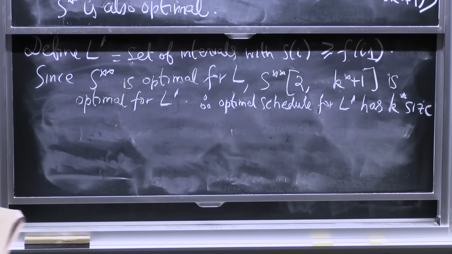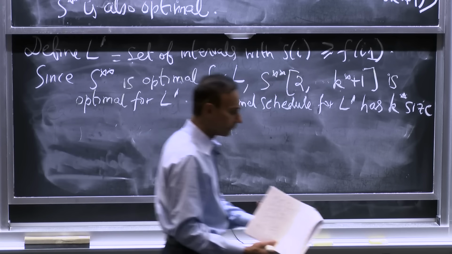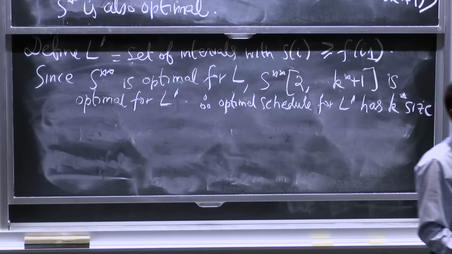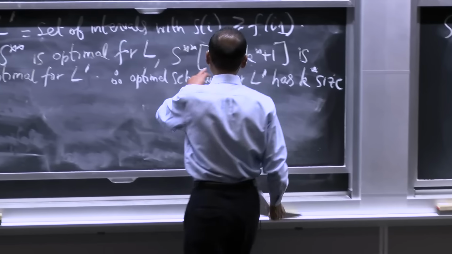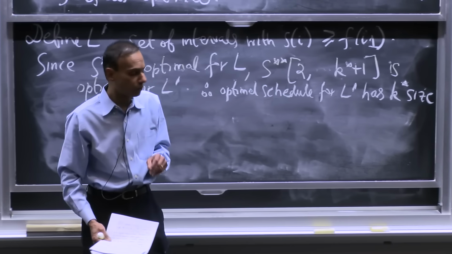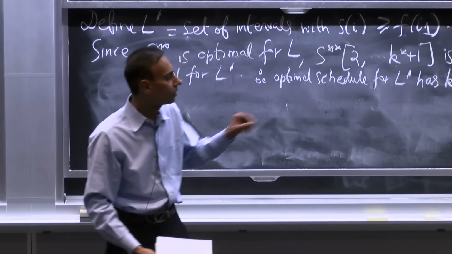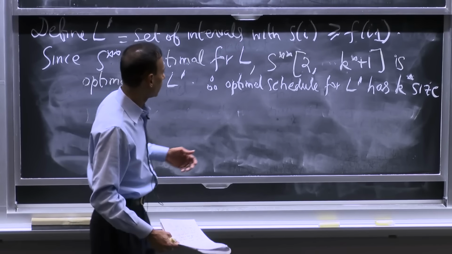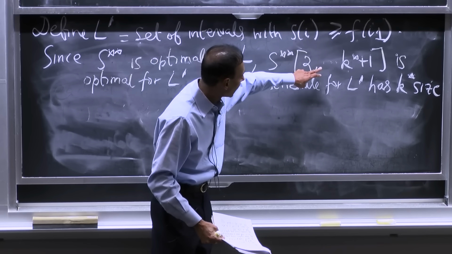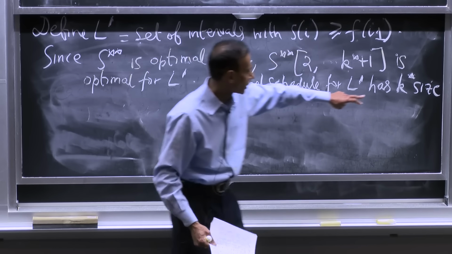Now you see where the proof is headed, if you didn't already. I have a smaller problem, which is L prime. Clearly, it's got fewer requests. And I have constructed an optimal schedule for that problem by pulling it out of the original optimal schedule I was given. And that size of that optimal schedule is k star.